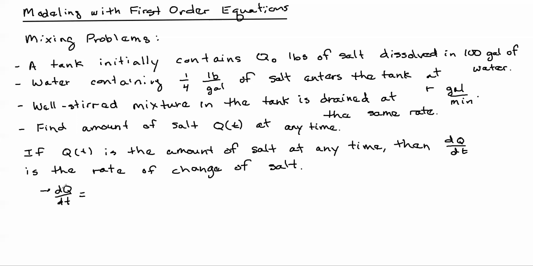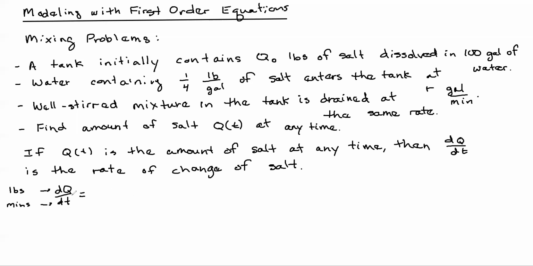This is an instantaneous rate of change, but we still have a change in salt in the numerator. And salt in this problem is in terms of pounds. So we're looking for pounds of salt in the numerator for our rate of change. And for our denominator, we have time, and the time given in the problem is minutes. So we're looking for something that has pounds in the numerator and minutes in the denominator.